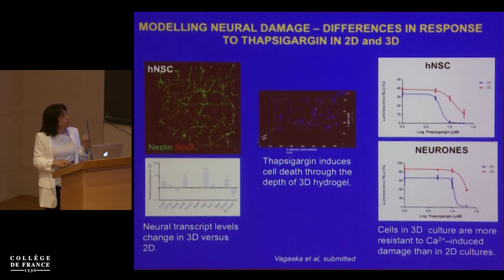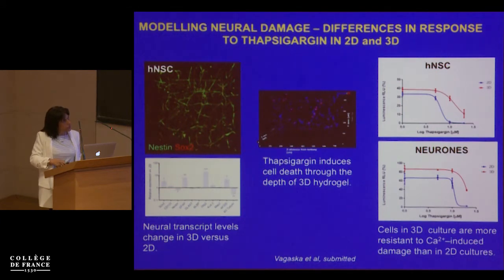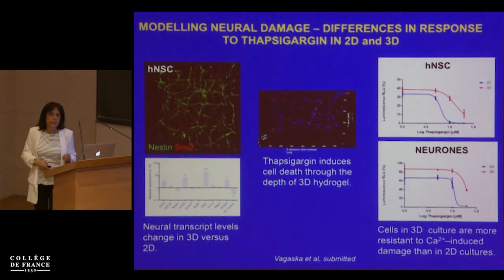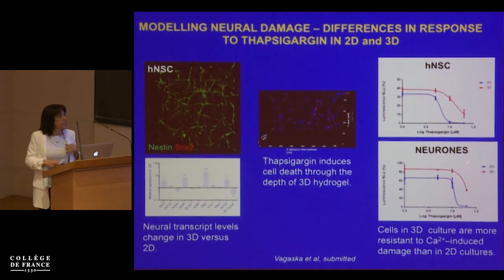So the thapsigargin is penetrating the gel. But we see, both in the human neural stem cells and the neurons that we have derived from the same cells, that the concentration of thapsigargin inducing death at 50% is different in 2D and 3D. So the cells, when they are in 3D, seem to be more resistant, more protected from injury.